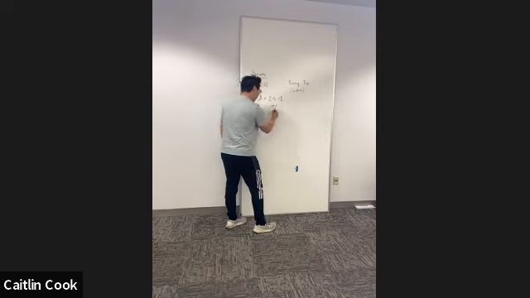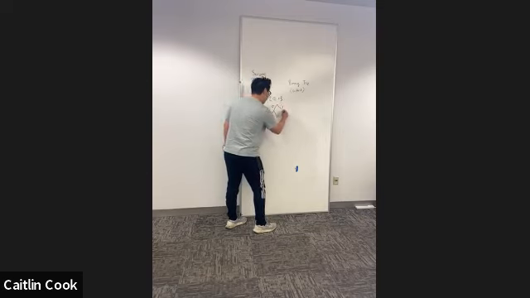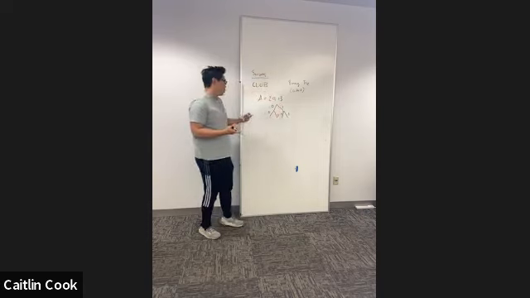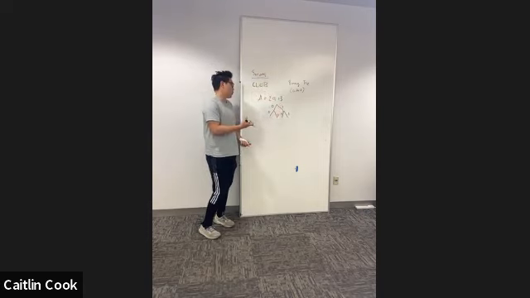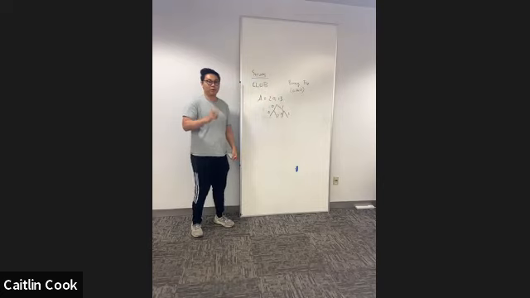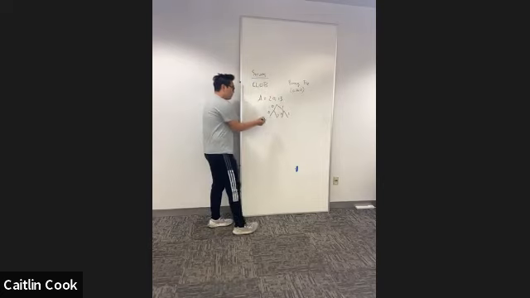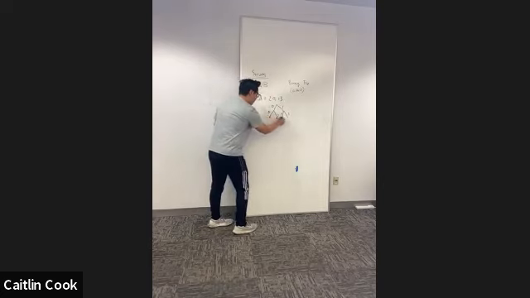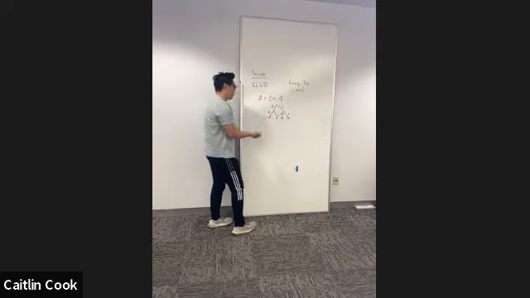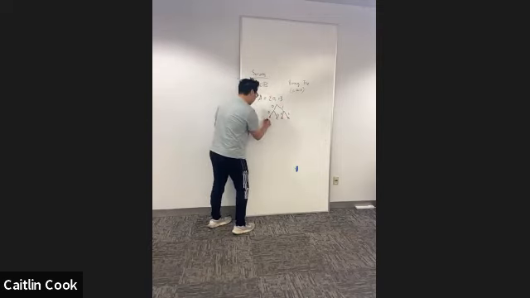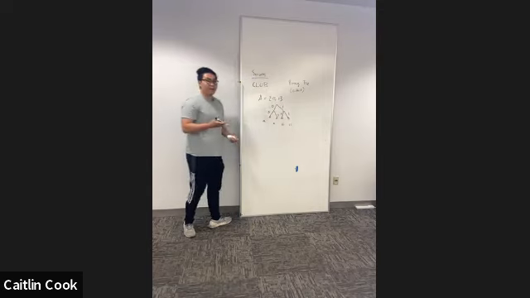So you might have 0, 0, 1, 1, 0, 1. This would be a binary trie over a bit string of length 2, where every leaf node represents a particular value. This would be 0 0, 0 1, 1 0, and then 1 1.